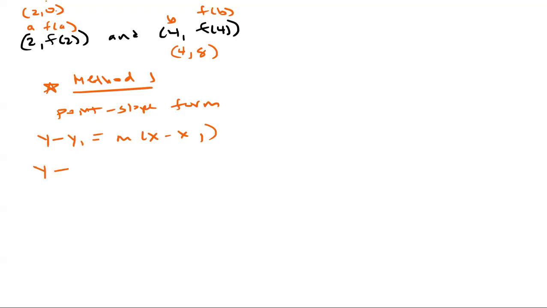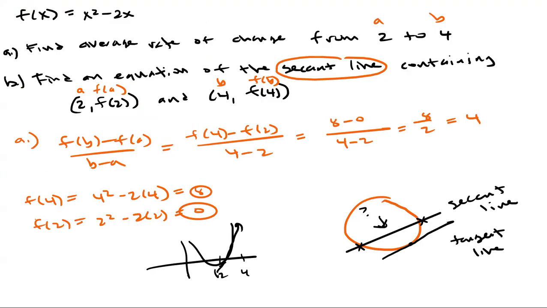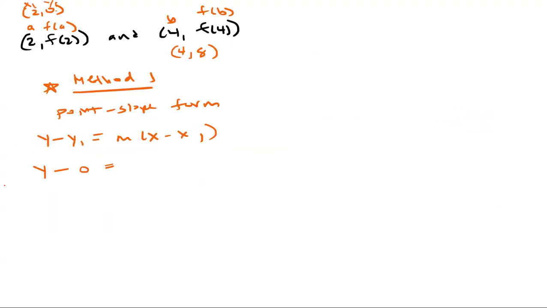So I have y minus y1. This is x1, y1, so my y1 is 0. And then we have m. Let's go back here. m was 4, right? That was our slope, 4. So this becomes 4 times x minus x1.